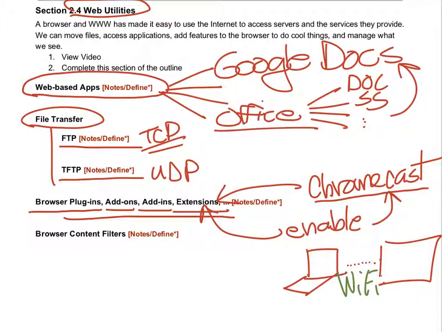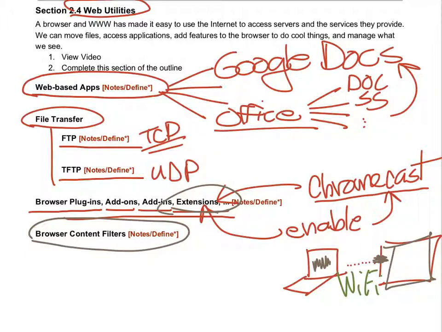There's a little device plugged into my TV, my Chromecast device, and then there's an extension in, I use Chrome, that allows me to enable that so I can start a movie on here and it shows up on my TV.